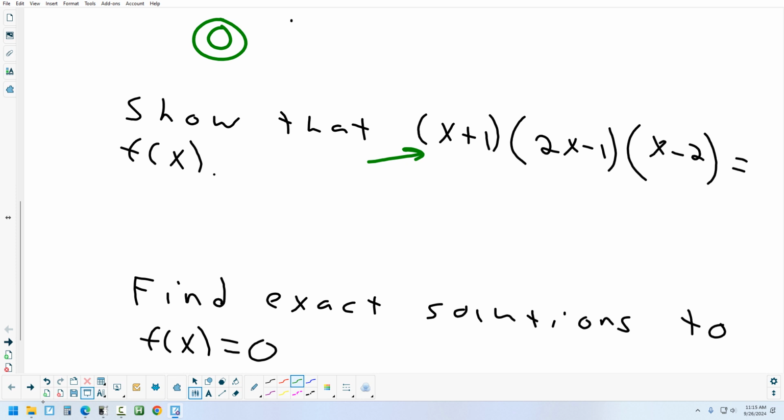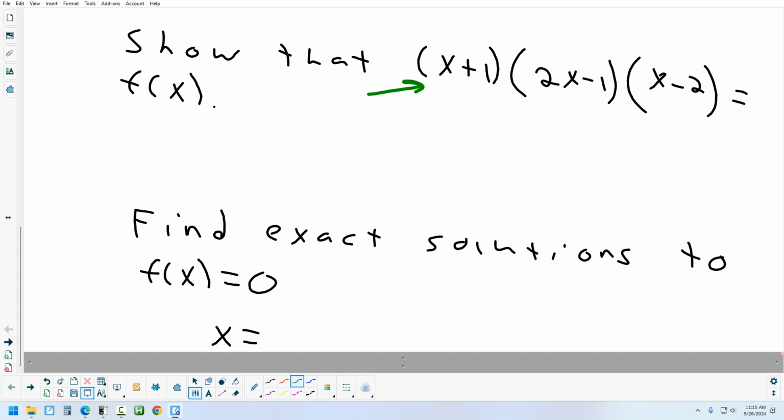I want to take each one of those factors, the x plus 1, the 2x minus 1, and the x minus 2, and I want to set each one of them equal to 0. And watch what happens. So you've taken what looked like kind of a complicated problem, and you've really broken it down into 3 smaller problems by having it factored.